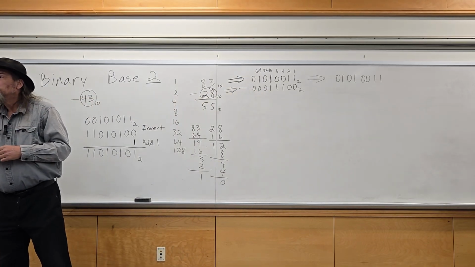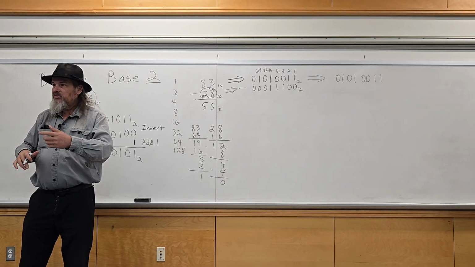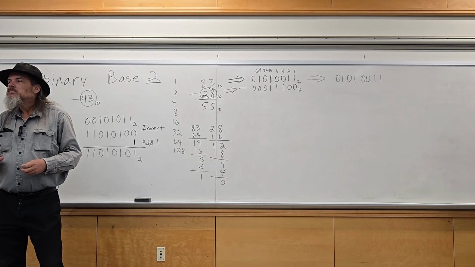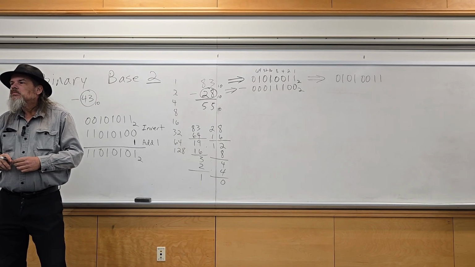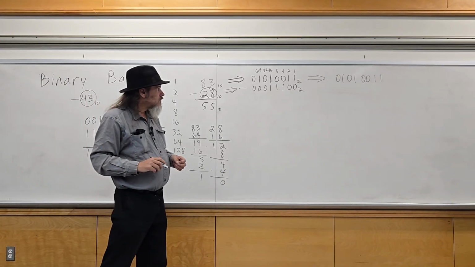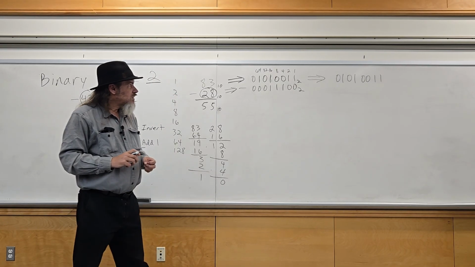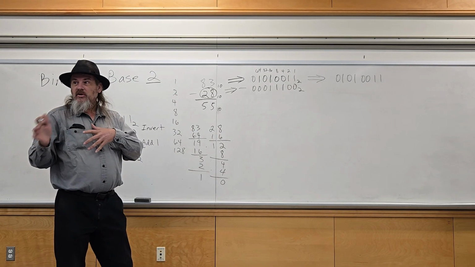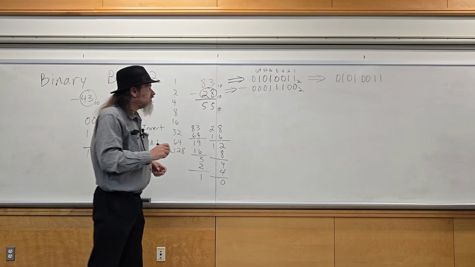So can we make it negative? Invert the bits. Whatever the end result is, where we have the one in that spot, if you had a one in the 64 spot, you add 64. That's if you're converting it back to decimal.